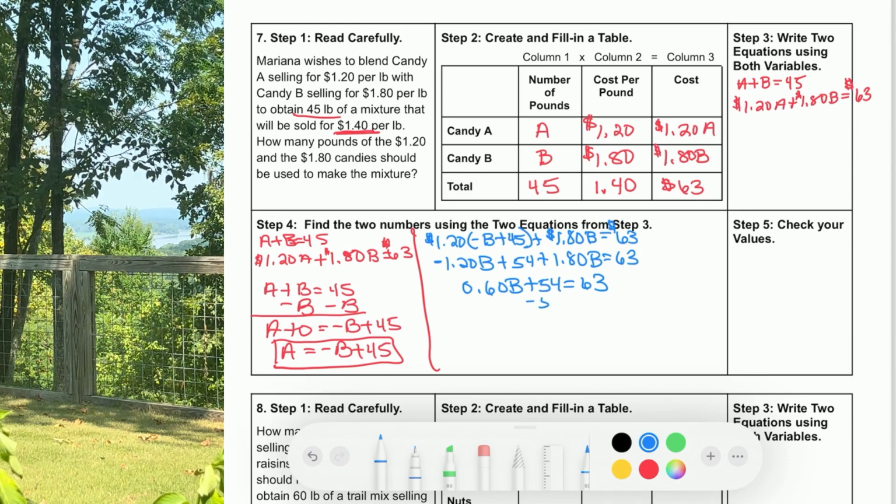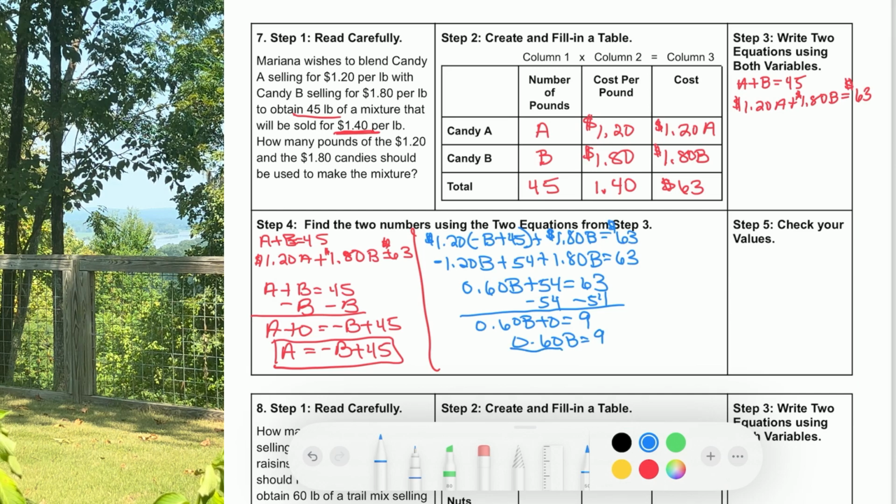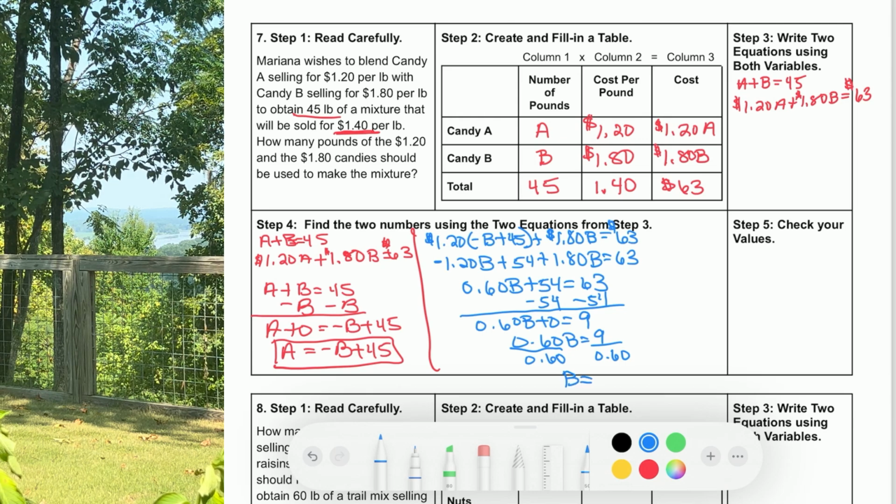I'm going to subtract the 54 from both sides. I get 0.60B equals 9. Divide both sides by 0.60, and I get B equals 15.